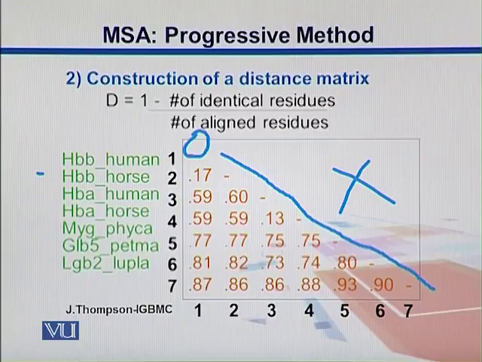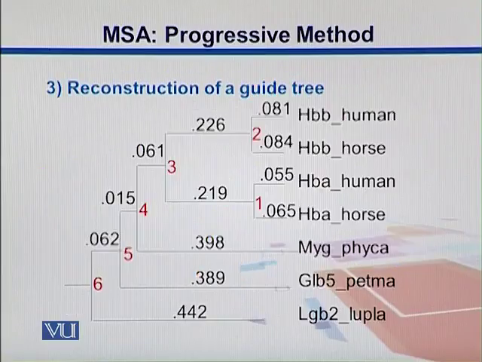So we have come up with a matrix where we have the distance between two species, and we use this information to construct a phylogenetic tree, which is right here. We will go over the phylogenetic tree in the next lecture, which is coming a few slides from now.